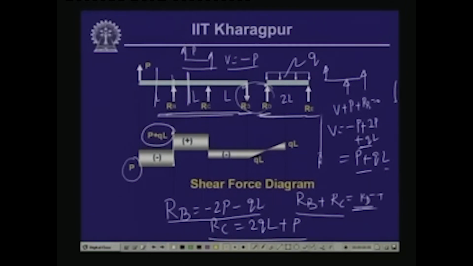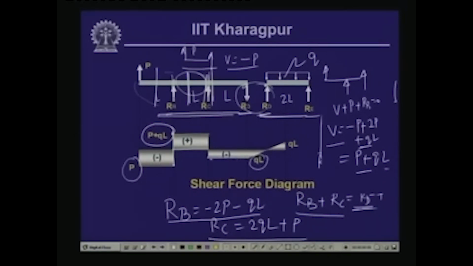Then up to this segment, just before this reactive force, the situation is the same, and everywhere we have the identical shear force. Now, immediately after this particular reactive force, if we take the free body diagram of this part, we have V plus RB plus RC plus P equals 0, and from there if we compute the value of V, we find that it becomes again negative QL.